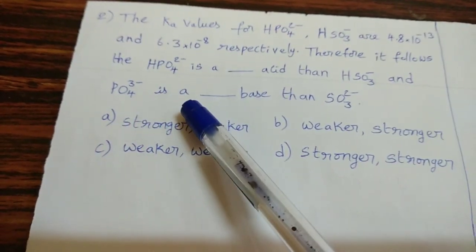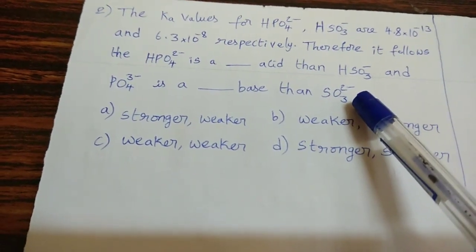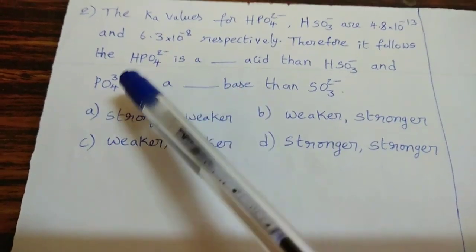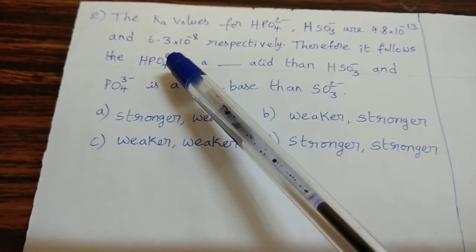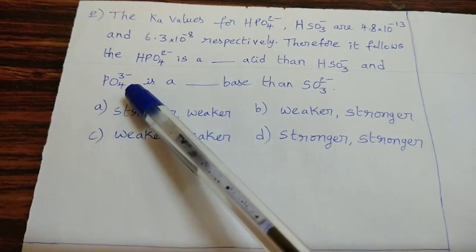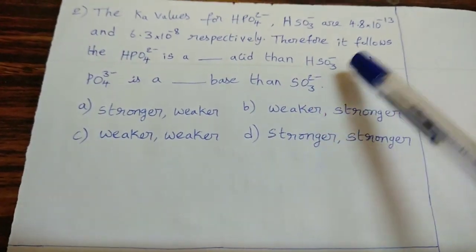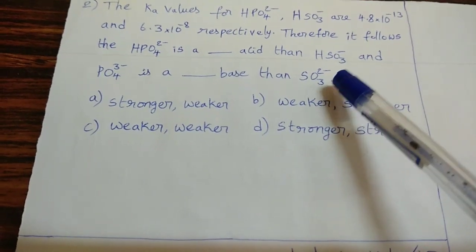And PO4 3 minus is a dash base than SO3 2 minus. So PO4 3 minus is obtained by removing a proton from this. It is a weaker acid, so the formed conjugate base is stronger. It is the conjugate base of this one, which is a stronger acid, so the formed conjugate base is weaker.